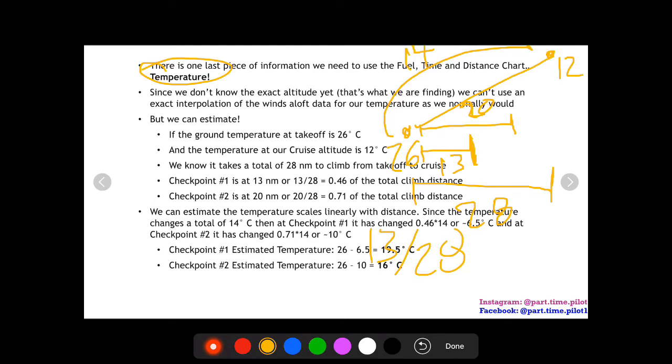So 13, the distance value to checkpoint 1, divided by the total. This percentage is the percentage of the total distance we've traveled, and we can use that same percentage to calculate the guesstimated temperature change.